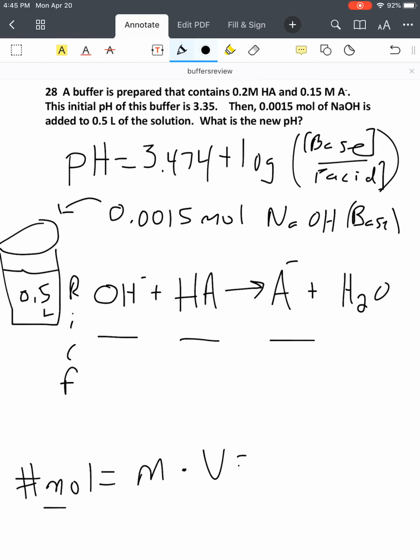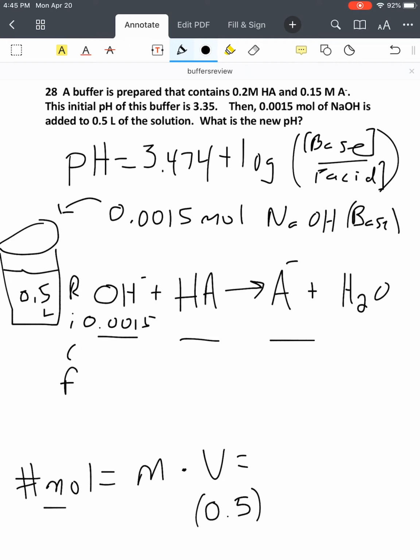So I need to multiply my molarity times volume for the substances to figure out the initial quantities involved. Now, I know how much NaOH was given to me. That many moles, 0.0015. But I don't yet know how many moles of HA was present in my buffered system. However, I do know the volume of the buffer was half a liter.